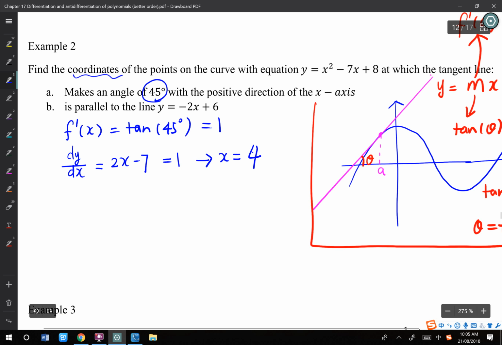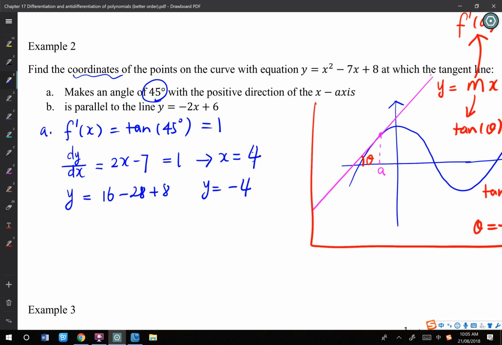It wants the coordinates, so the x coordinate is 4. The y coordinate equals 16 minus 28 plus 8, that's y equals minus 4. So the coordinates are (4, -4).